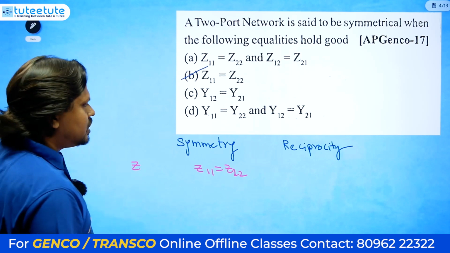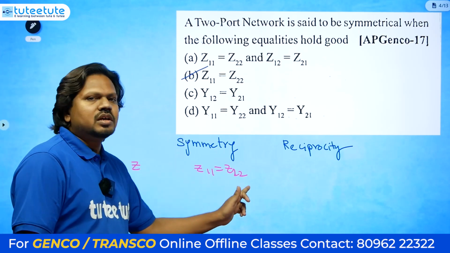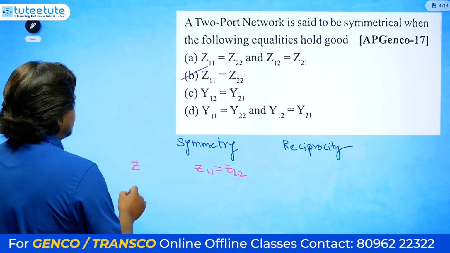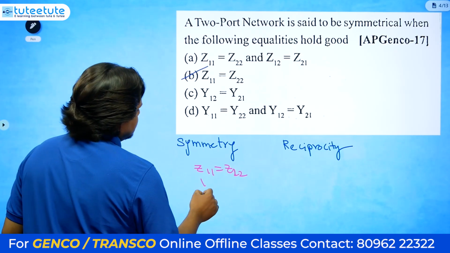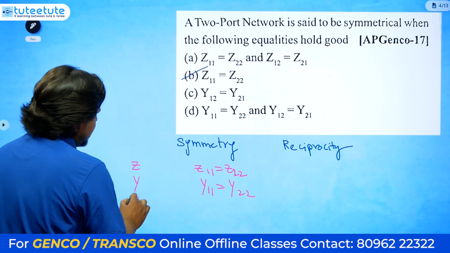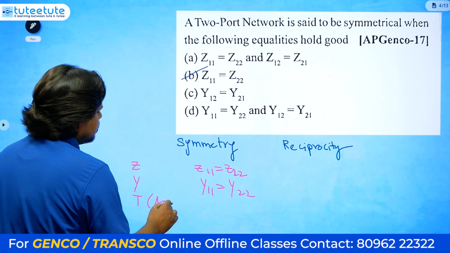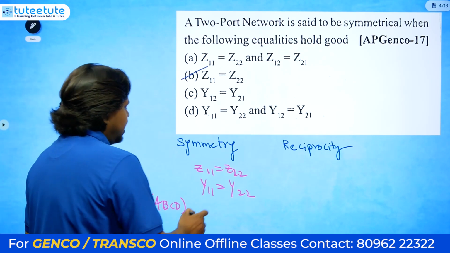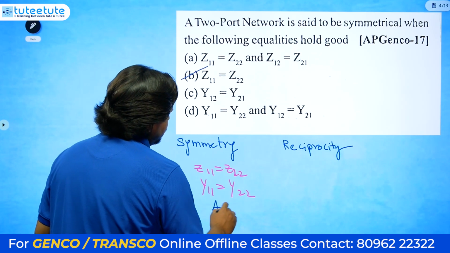Symmetrical means if you see from this side how much impedance is there, if you see from the other side also the same impedance must be there. Similar to this, in y parameters, y11 equals y22. For t parameters or ABCD parameters, which is important for us, the condition for symmetry is A equals D.